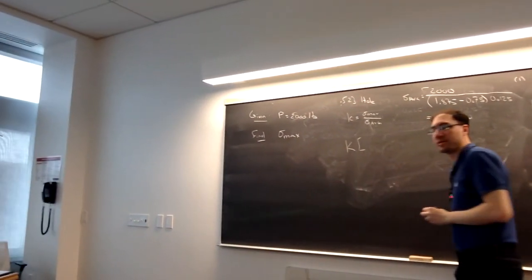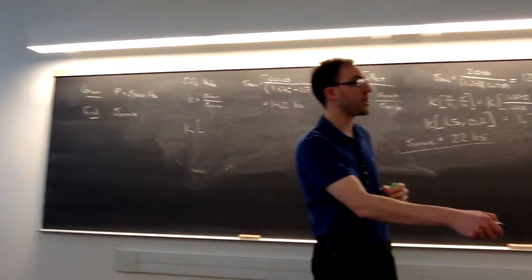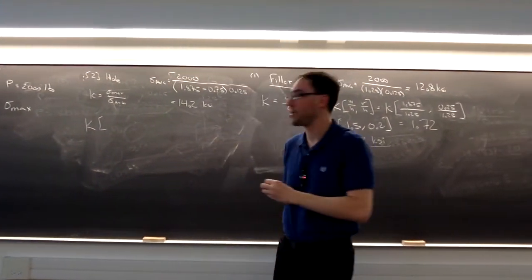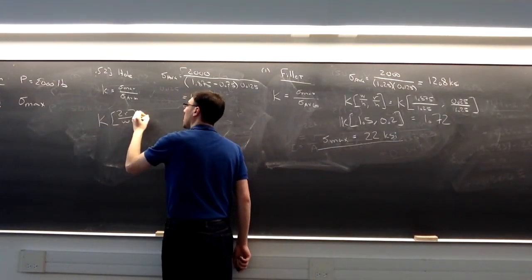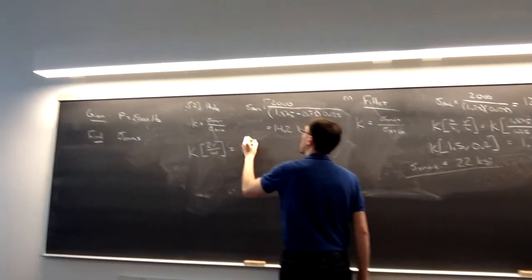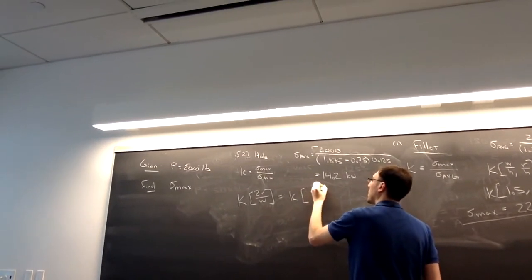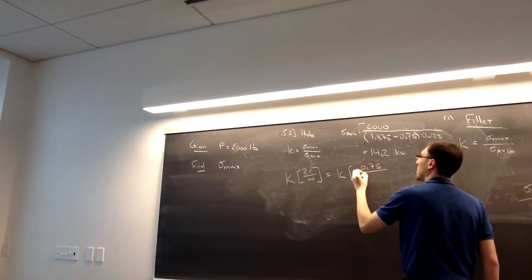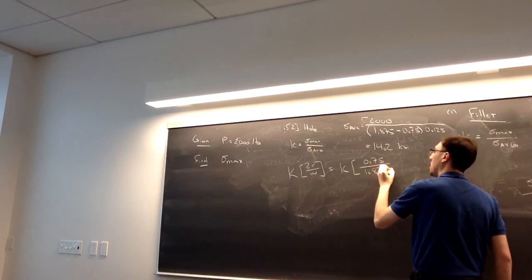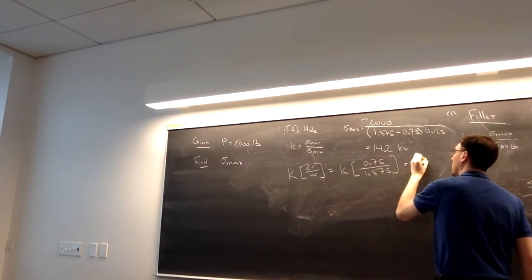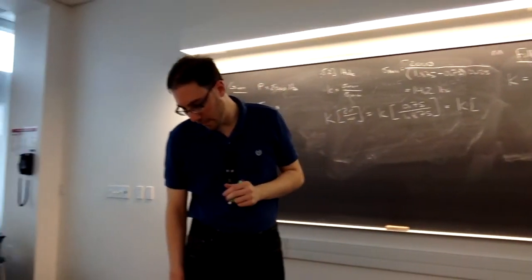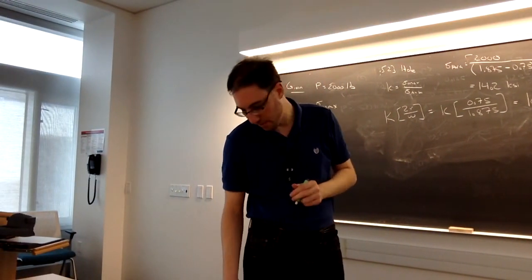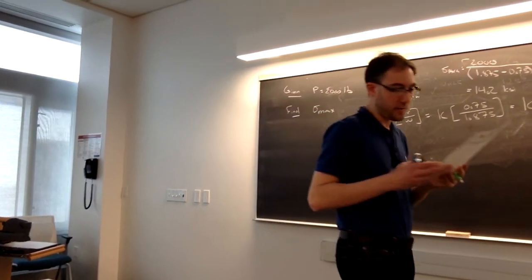Now for this, we want to find this K value. This only uses 2R over W. The value we get for 2R over W is going to be 0.4.